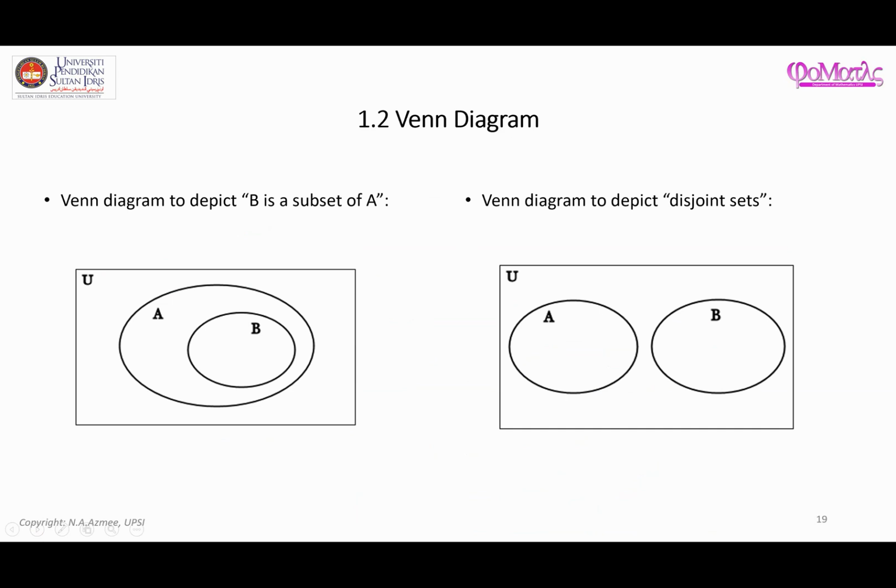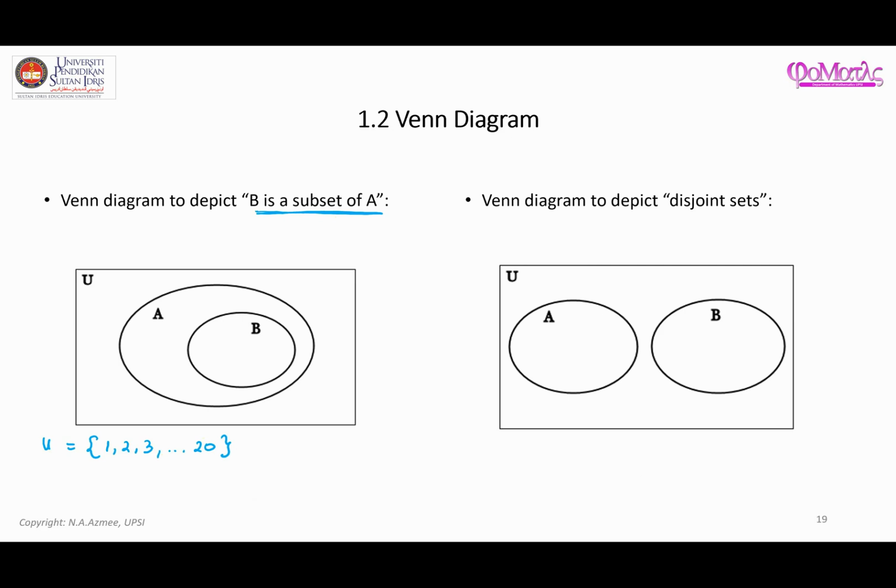So here is an example of a Venn diagram to depict that B is a subset of A. So here let's think of some example. For example, let's say we have a universal set, which consists of numbers 1, 2, 3 in that manner until 20. So the universal set contains all these elements.